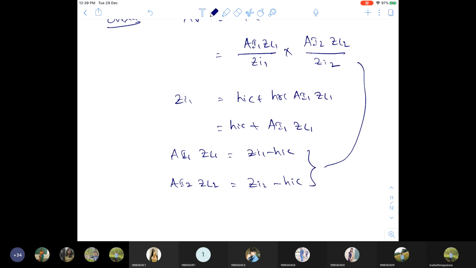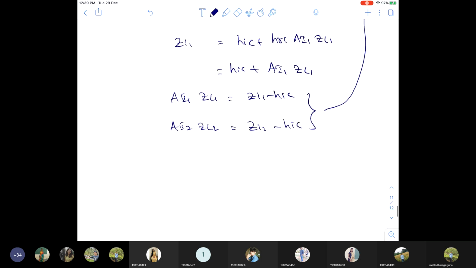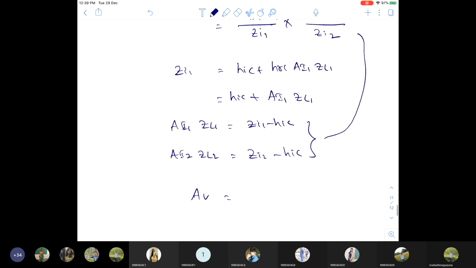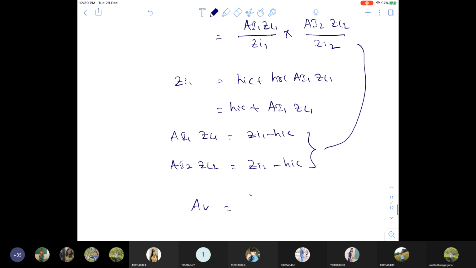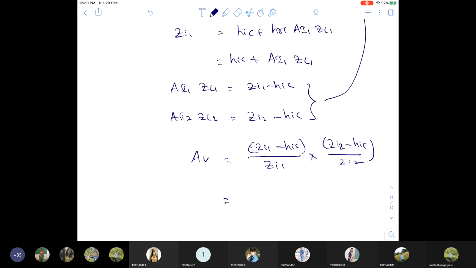So these two substitute here. AV equal to ZI1 minus HIC by ZI1 into ZI2 minus HIC by ZI2, so separate: 1 minus HIC by ZI1 into 1 minus HIC by ZI2.